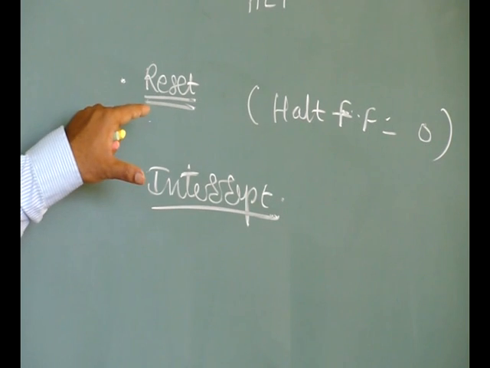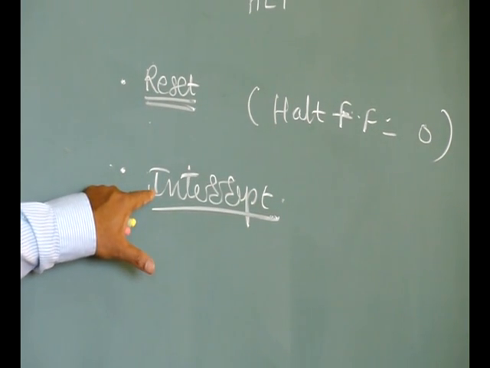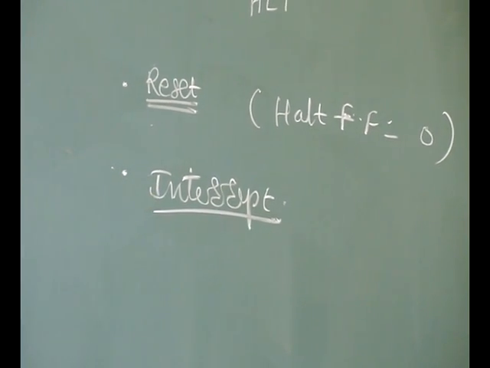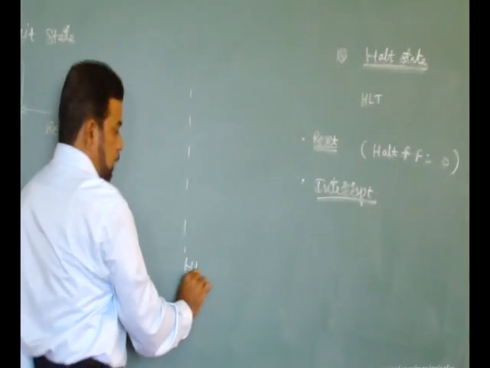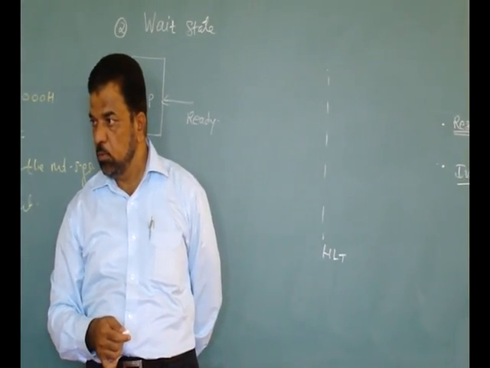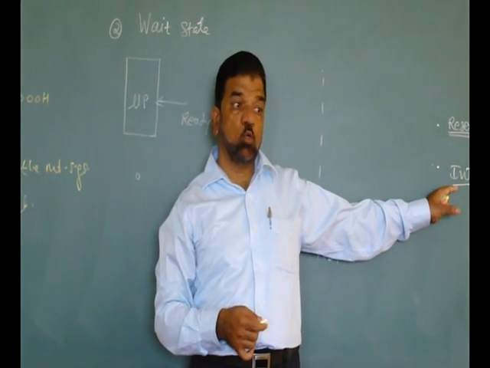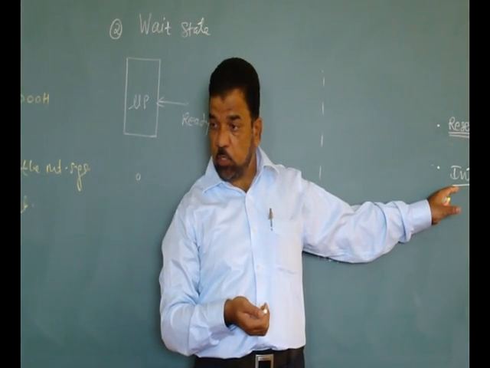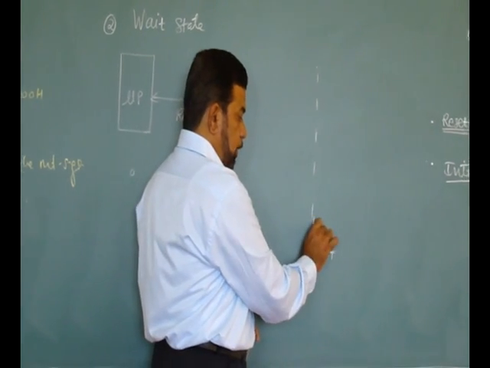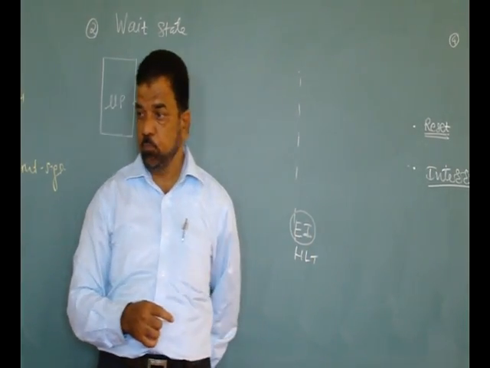But if I want to use this interrupt, before halt you have to write one very specific instruction. Suppose you have a program where the last instruction is HLT. Out of halt state, this is the solution. But to use this interrupt system effectively, before halt there should be the instruction EI, enable interrupt.